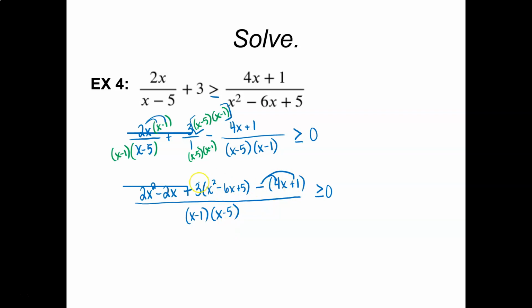And then just to continue simplifying that numerator, we'll have 2x squared minus 2x plus 3x squared minus 18x plus 15 minus 4x minus 1, all over x minus 1, x minus 5, greater than or equal to 0.